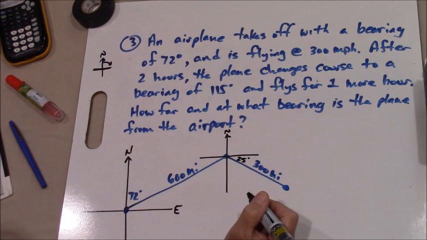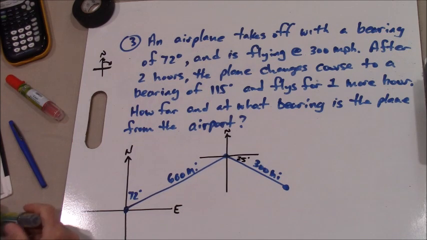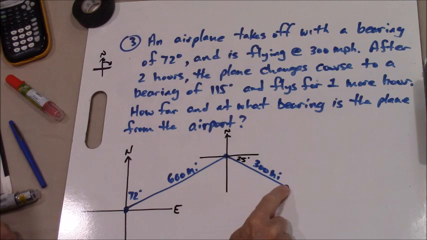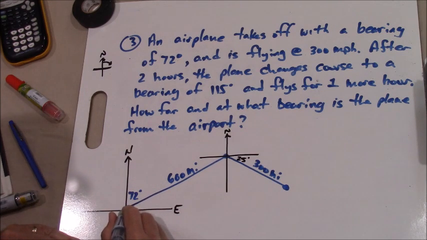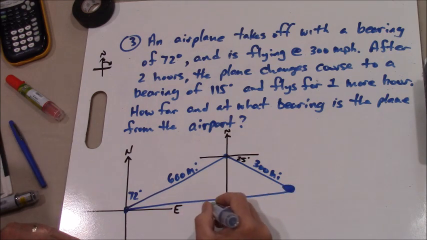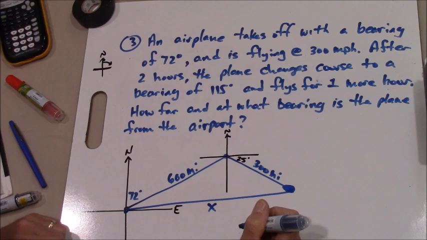All right? And so our question now, and I really don't know, is this line above or below this east line if I extend it out? I really don't know. But what I'm trying to answer is, what is this distance? We'll call it x, and at what bearing?